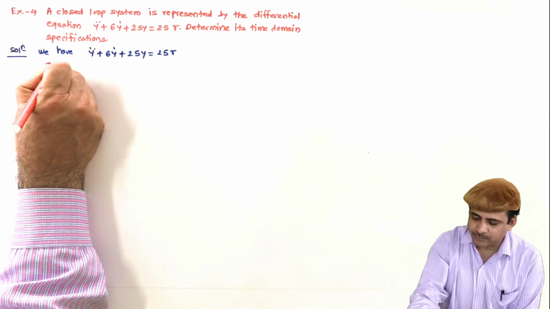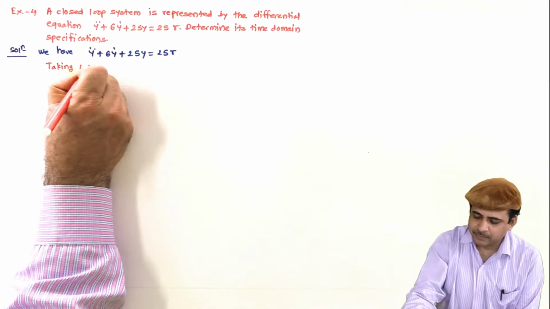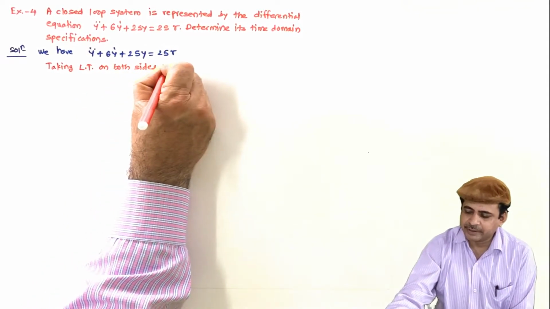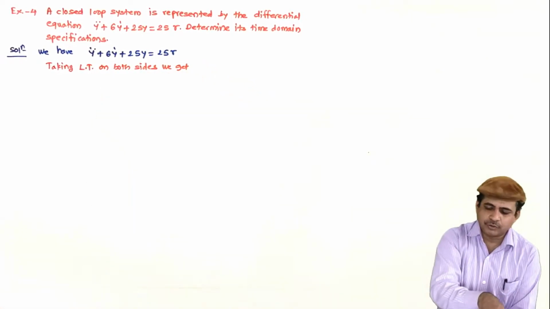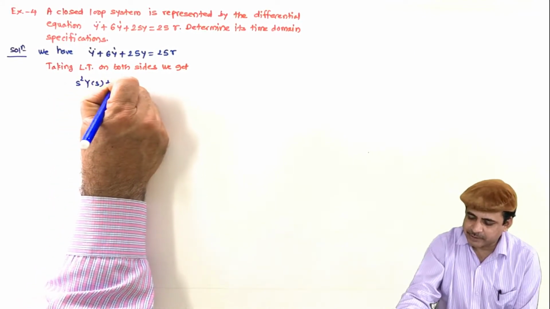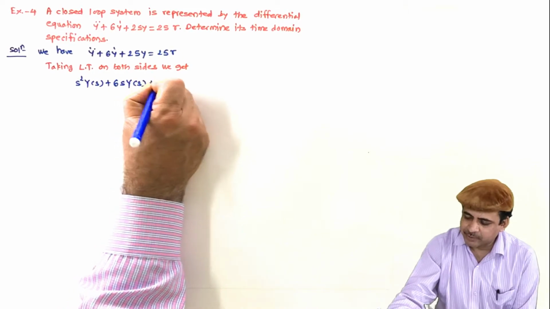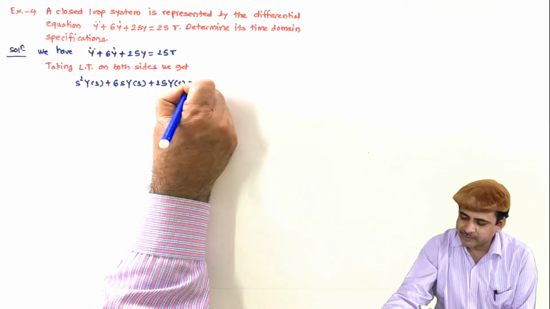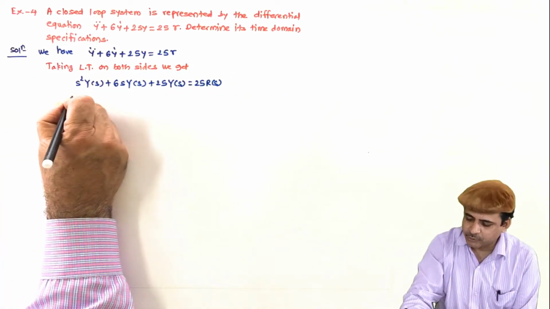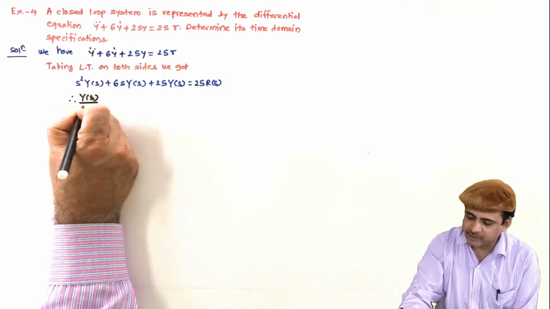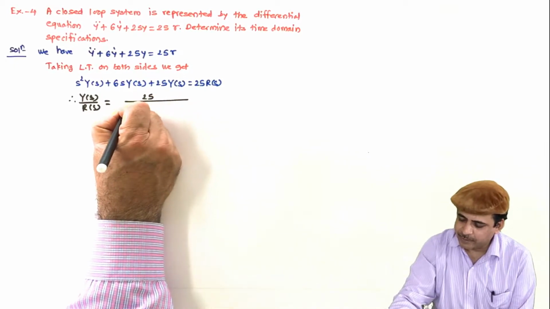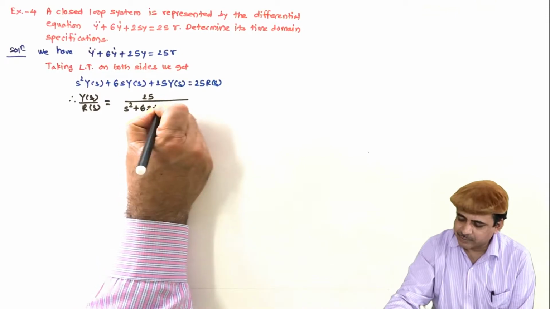So taking Laplace transform on both sides, we get, it is unilateral Laplace transform, s square Y(s) plus 6s Y(s) plus 25 Y(s) equal to 25 R(s), and hence the closed loop transfer function Y(s) by R(s) will be equal to 25 upon s square plus 6s plus 25.